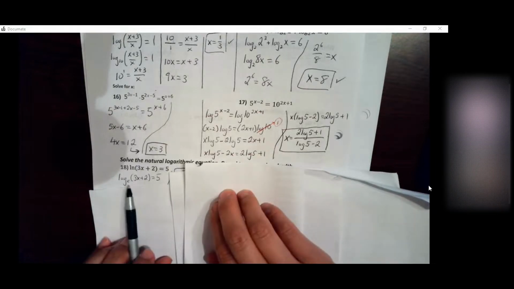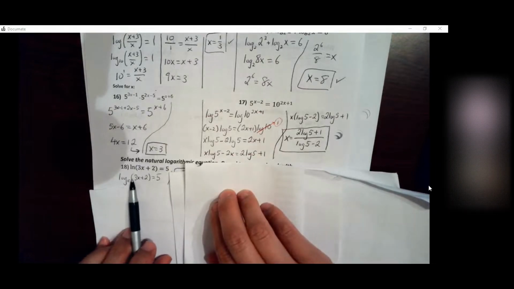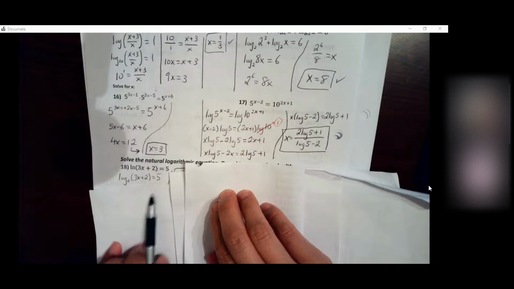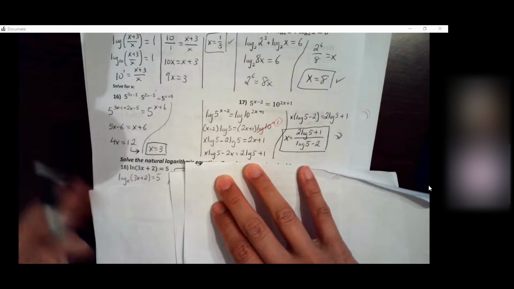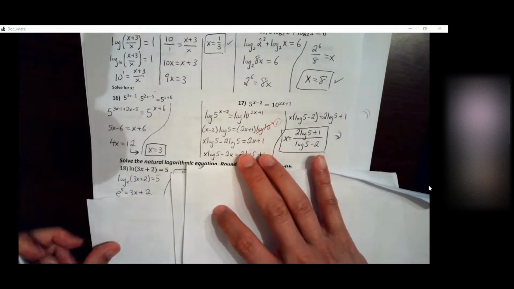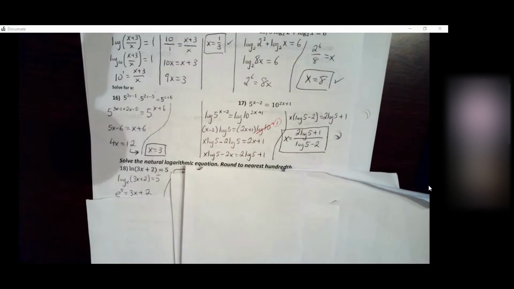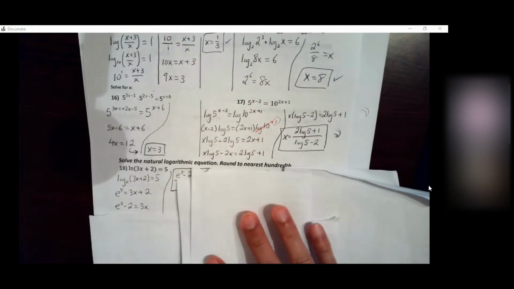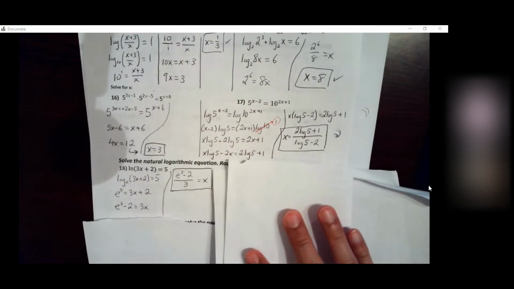The base is the e, right? Right. So it's e to the 5th equals 3x plus 2. Oh, right. I was reversing that. So then it's e to the 5th minus 2 equals 3x. And then e to the 5th minus 2 over 3 equals x.